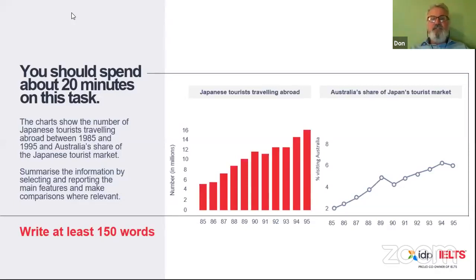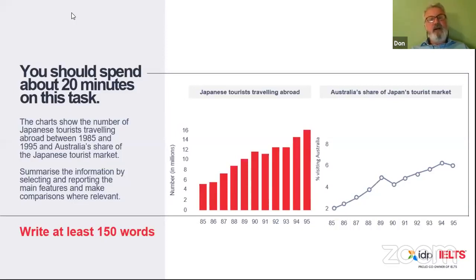The first graph shows that about 5 million Japanese traveled overseas as tourists in 1985, and it steadily rose. In 1995, it was about 15 million. It tripled. There were 3 times the number in that 11 years.